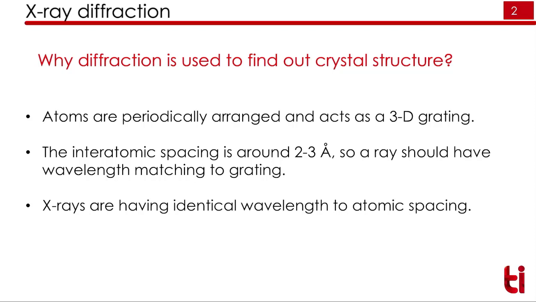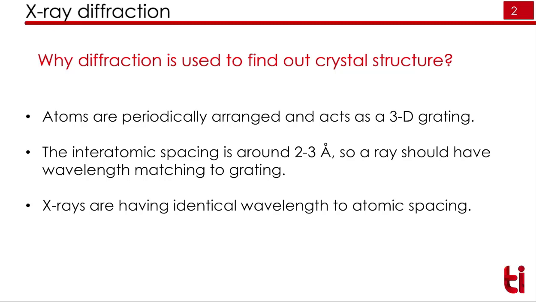Crystal structure is the arrangement of atoms, and we know that atoms are periodically arranged in a crystal in three dimensions, so they can act as a three-dimensional grating. The spacing between these atoms is around 2 to 3 angstroms, and X-rays also have the same wavelength.